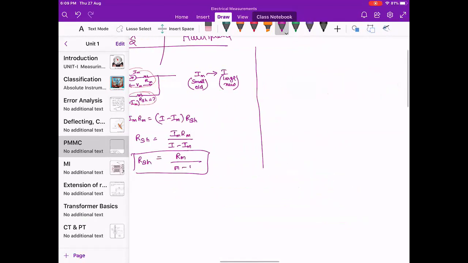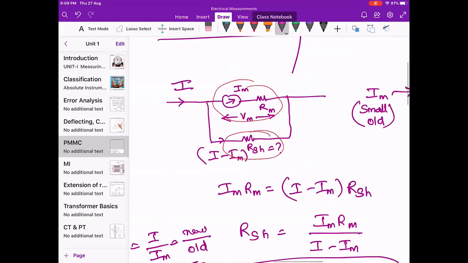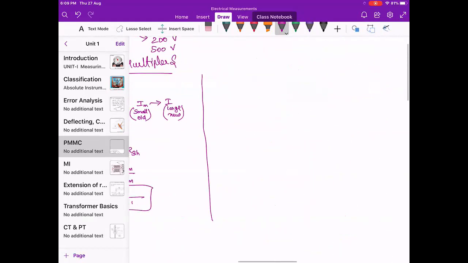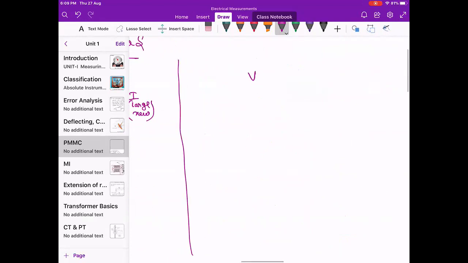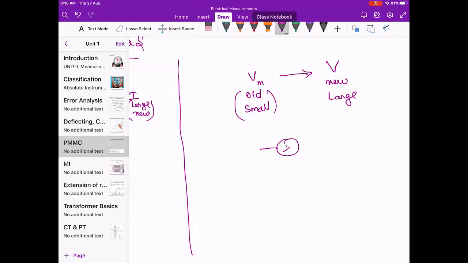Similarly, if you want to extend the voltage range, previously the meter could measure only VM, the old small value. Now we have to extend the same voltmeter to capital V, that is new and large. Meaning the same IM and RM up to VM only. But we have to measure extra voltage, which will be taken care of by the multiplier, known as RSC.